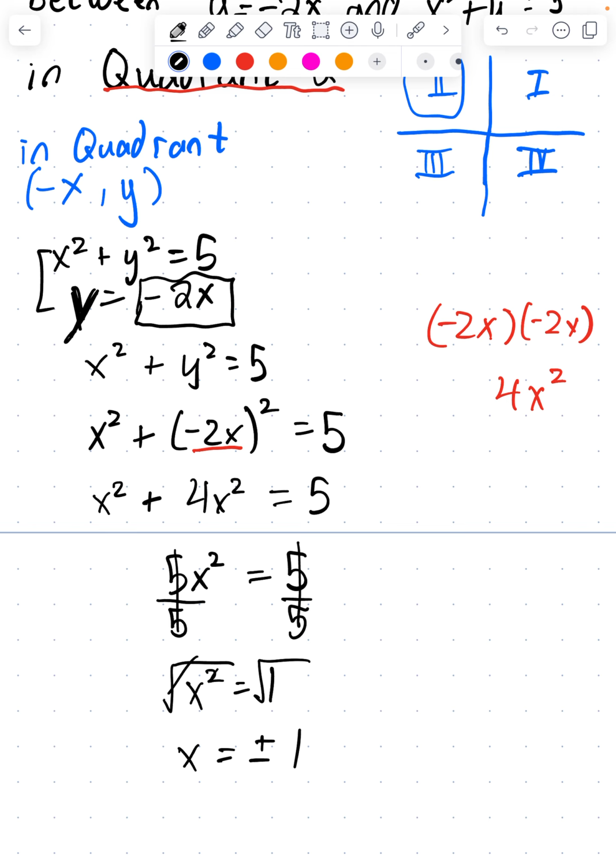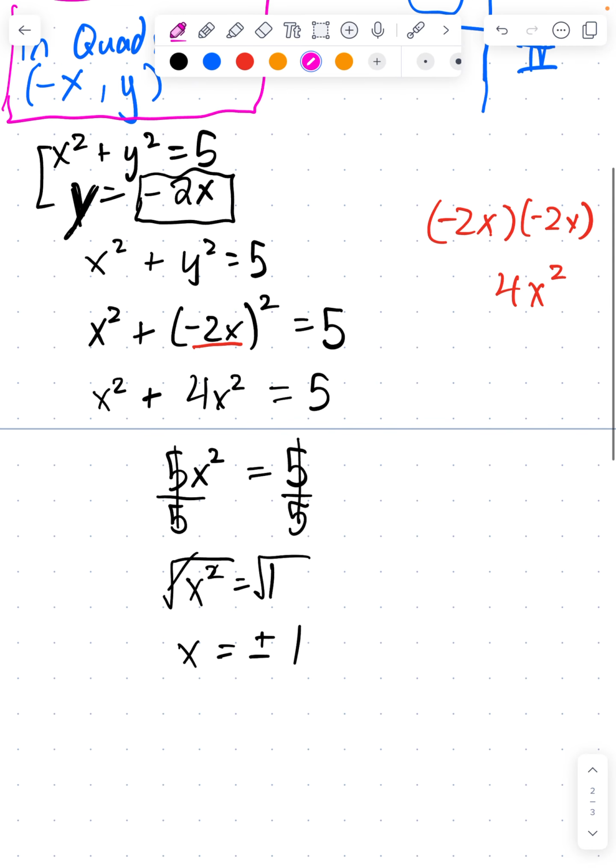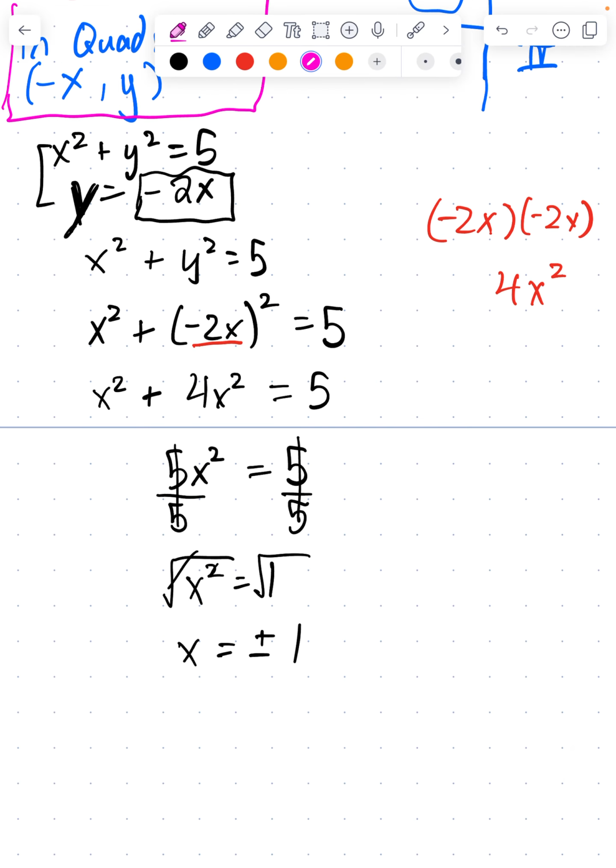Well, here's the thing: remember, we're looking for our answer in quadrant 2, so we're looking for a negative x value. Now, x could be either plus 1 or minus 1. Which one's the negative one? It's minus 1. So we're going to use minus 1 to calculate our point of intersection.